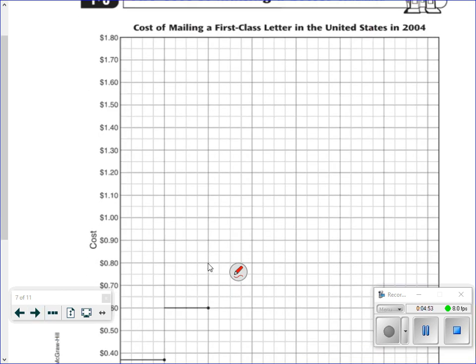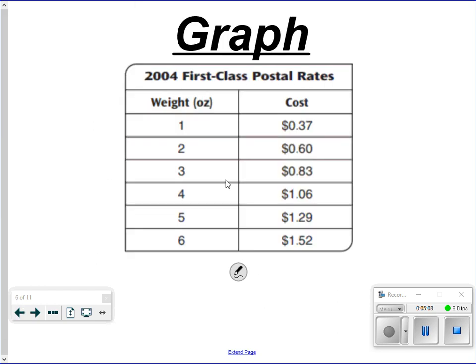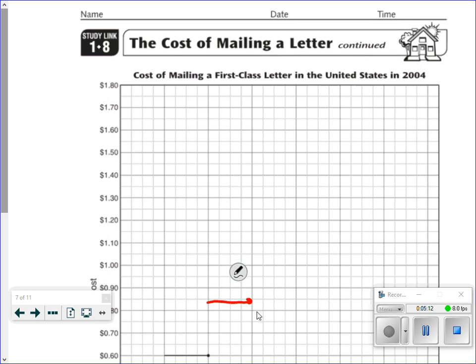It'd be right there. Go here all the way to the dot right there. I'll change colors on this too. Now we're going to $1.06 for the 4. $1.06 would put me right about there.